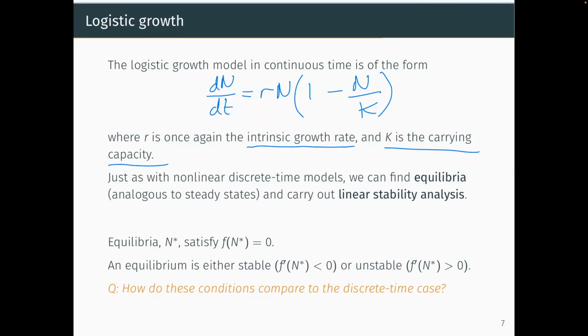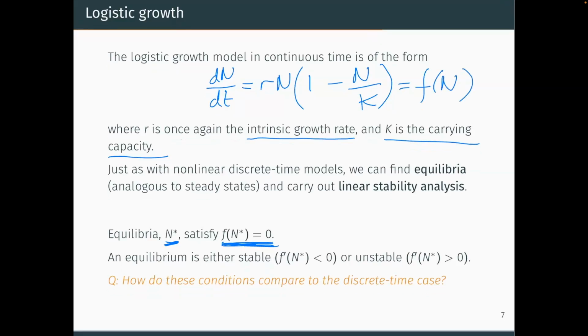Well, our equilibria, n star, are going to satisfy f of n star is equal to 0 now. So this is my f of n. Previously, in discrete time, can anyone remember what our condition for a steady state was? If we had n plus 1 is equal to f of n, can anyone remember what the condition for a steady state was? We'll go with stability in a second.